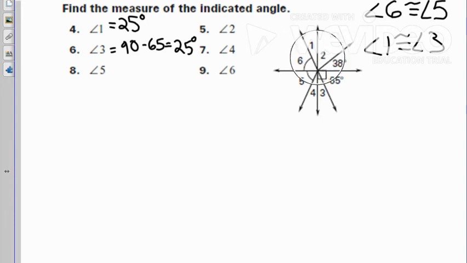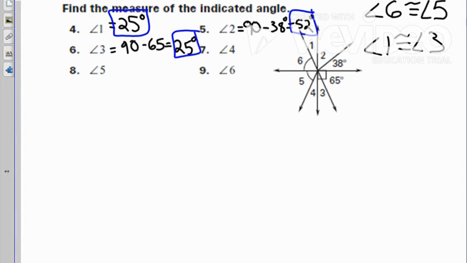So we could say that this is now equal to 90 minus 38 degrees, and if we subtract that, we get 52 degrees. So angle 2 is equal to 52 degrees. I'm going to put boxes around these so you can see what those answers are if you can't find them.